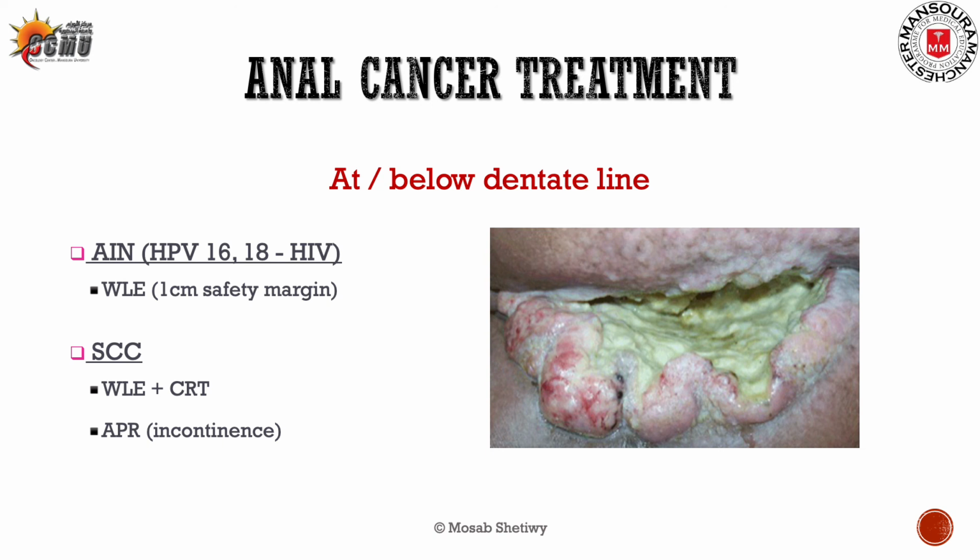Here, with AIN or intraepithelial lesions, just wide local excision is enough, because the sphincters are a little bit away from the epithelium. But for other cases like squamous cell carcinoma, usually the patient will be presenting with fecal incontinence, so the only option will be abdominoperineal resection.